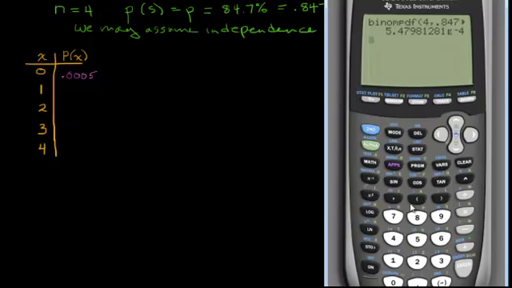Now let's do the same thing again. We want to go to our distribution function, and go down to the binomial probability density function. And our number of trials is still 4. So I'll enter that. Our probability of success is constant, but this time my random variable X I'm interested in is 1.